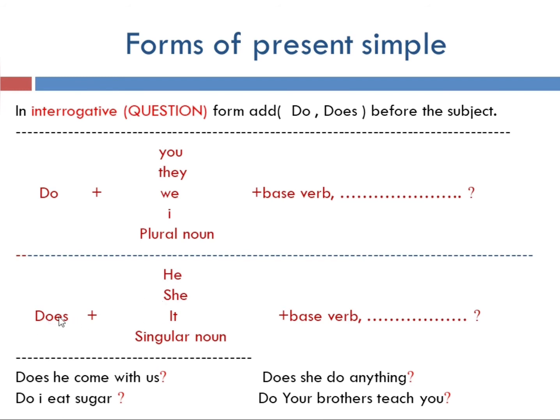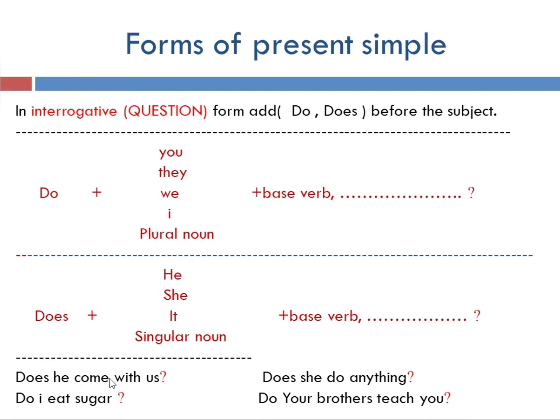And sometimes it would be does it. You can say does it. This is about your pronunciation. See these examples? For example, does he come with us? This question mark. You cannot say, for example, do he, or does I. Why? Because does is for he and do is for I, the subject.